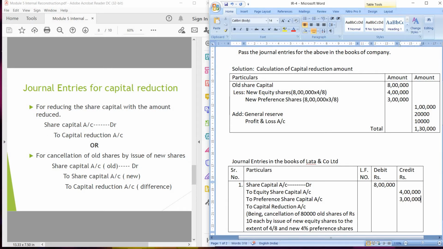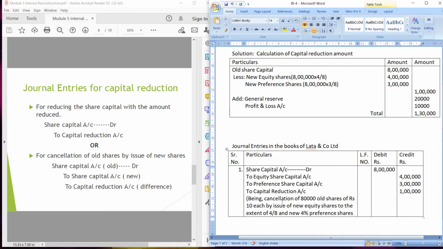And the amount of capital reduction available is 1 lakh. So this is how you pass the entry. Share capital account, this is old, to equity share capital account new, which is to the extent of 4 by 8, to preference share capital, which is to the extent of 3 by 8, and whatever amount is left will be utilized for capital reduction.